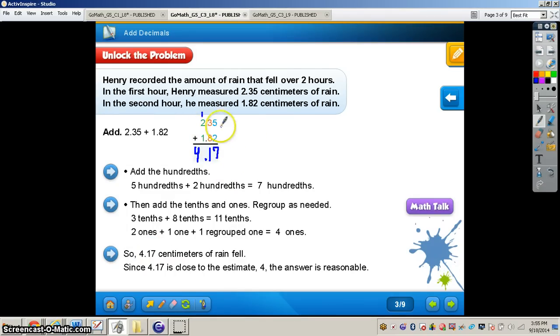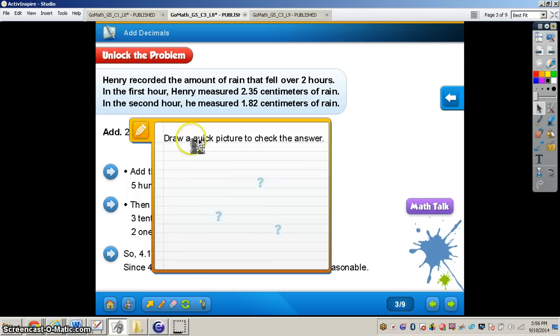Now, if we were to estimate this, that would be 2 plus 2, and that is going to give us 4, which would be the estimated answer. So 4 17/100ths. Now, if we want to draw a quick picture to check the answer, first of all, we would have our 2 3/500ths, so 2 wholes, 3 tenths.